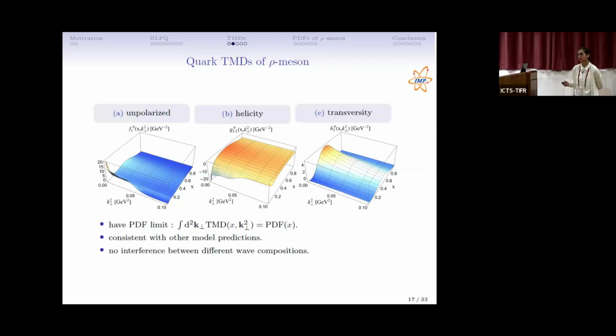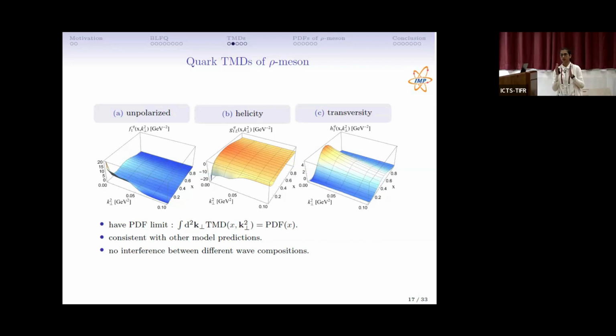This contribution is coming from the second Fock sector, and we also observed that in the middle distribution, between x of 0.2 and 1, they are almost consistent with the other model results, and they have the collinear limit and are consistent with the other model results after x greater than 0.2. And there is no interference between the different wave components.